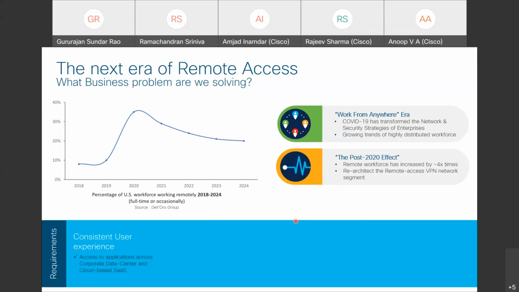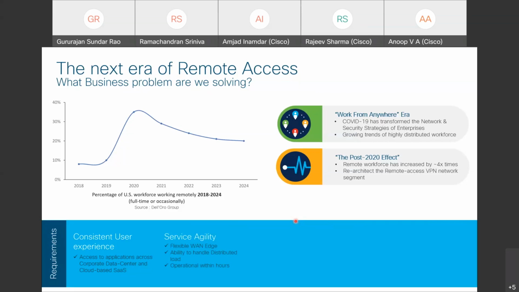The user should be able to access all the applications that he was able to access when he was sitting on site. For example, SaaS applications, internet, IaaS applications, as well as on-prem applications with remote access, with the same level of application quality.